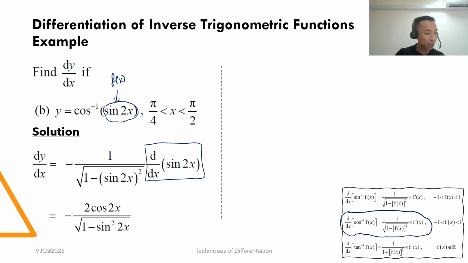Now the tempting thing to do for many of us is to leave it in this version already. There's nothing much you can do, because this is sine square 2x.